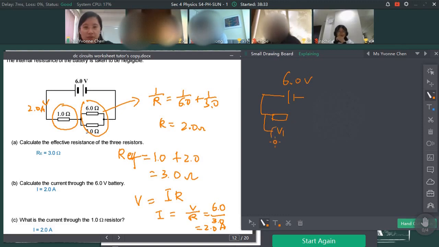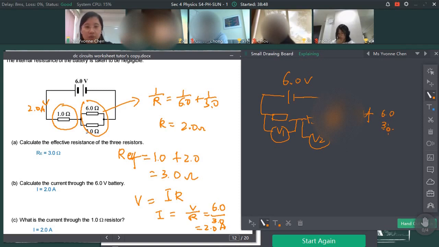I call this V1 and another one V2. This is actually the effective resistance of both the 6.0 and the 3.0. So what is the voltage here?